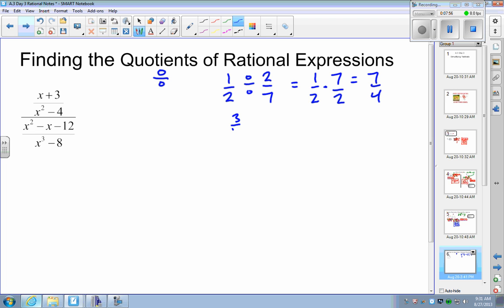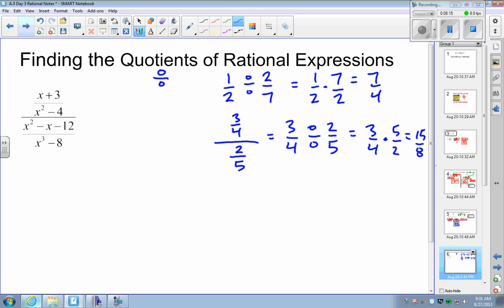If I gave you 3/4 over 2/5 like this, we should be able to do this by hand. Write it out this way, and then take the first one, multiply by reciprocal, so 15/8. Okay, same idea with these rational things.